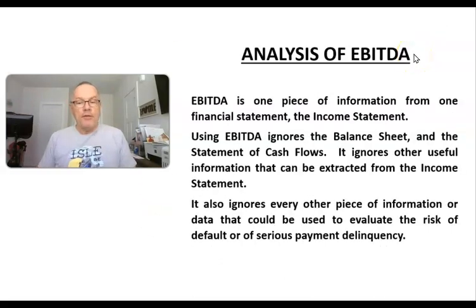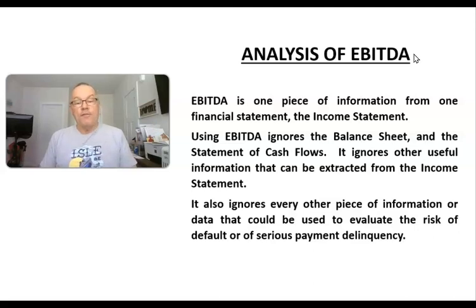Basing credit limits on an analysis of earnings before interest, taxes, depreciation, and amortization. EBITDA, or the calculation of EBITDA, is one piece of information from one financial statement, specifically the income statement.